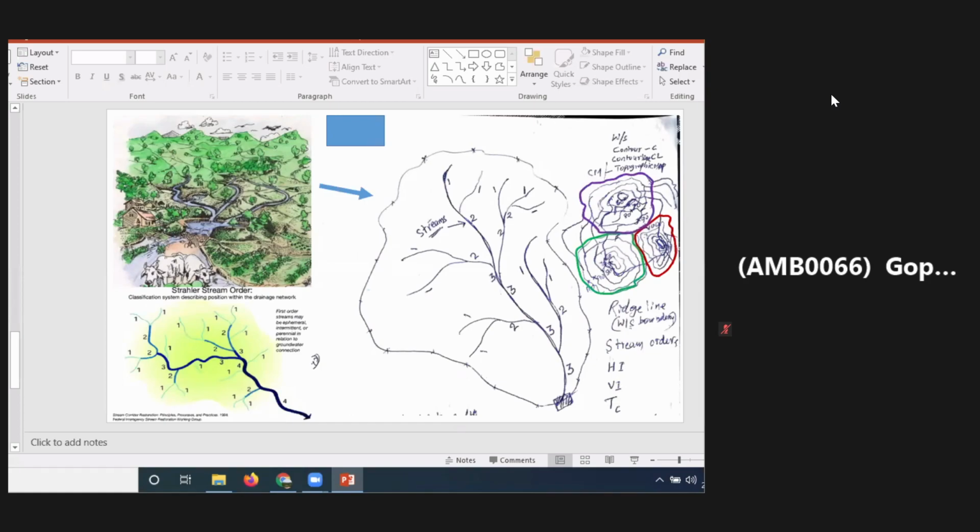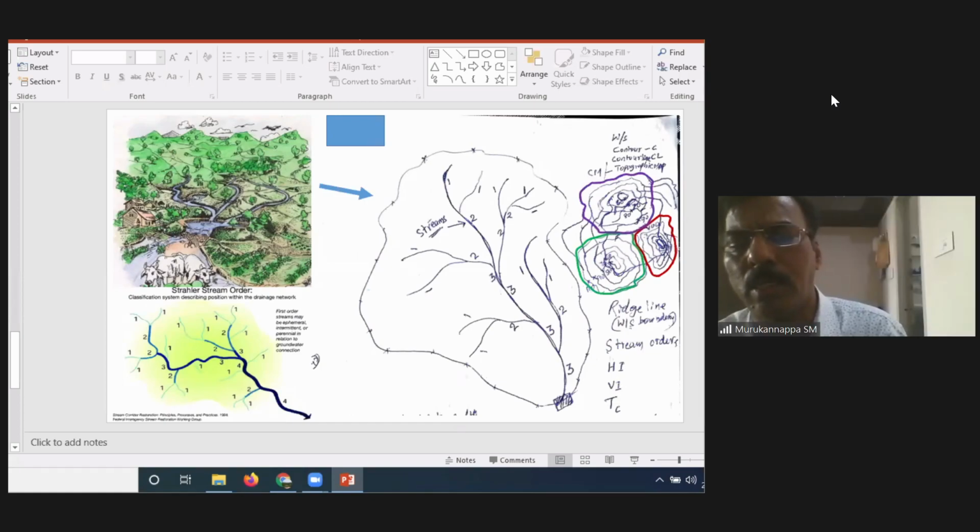In the ordering of streams in a given area, two low order streams join to form a higher order stream. See here, order number 1 and order number 1 join together to form a higher stream order, that is 2.